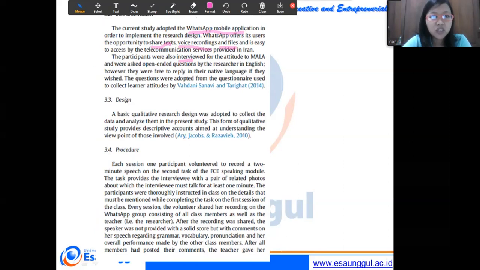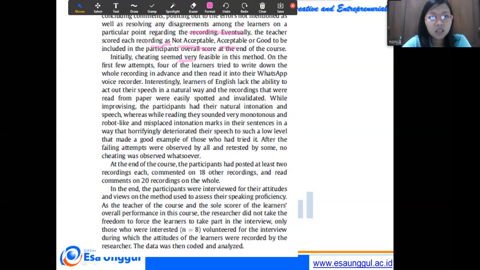In each session, one participant volunteered to record their voice in WhatsApp. After that, the other students must give comments. Their comments concern the grammar, vocabulary, pronunciation, and overall performance. So the teacher gives a score by referring to the rubrics that were already designed, but this article didn't explain the rubrics.